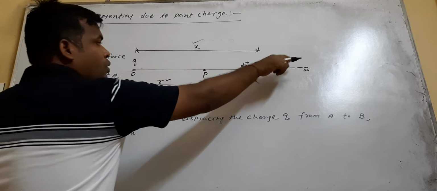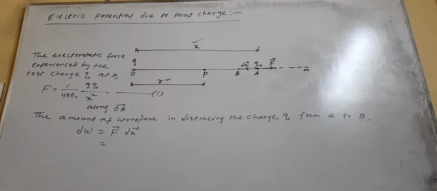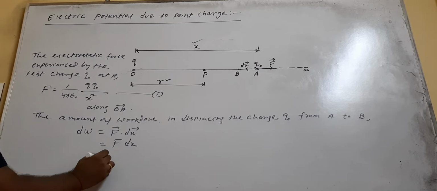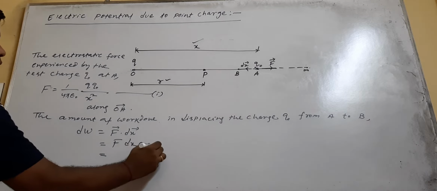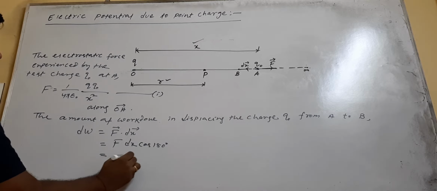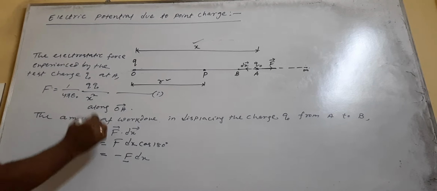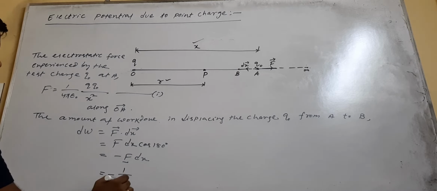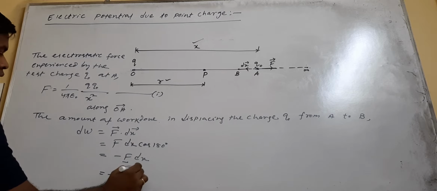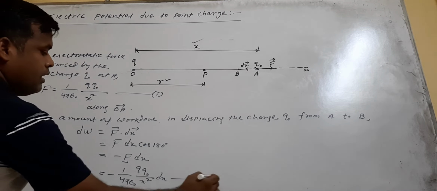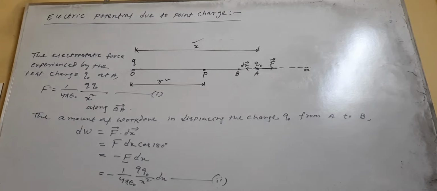You see force and displacement, they are oppositely directed, so the angle between them is 180 degree. That is F dx cos 180 degree, that equal to minus F dx. In place of F, you can write this, that is minus 1 by 4 pi epsilon 0 Q0 by x square dx. It is your equation number 2.